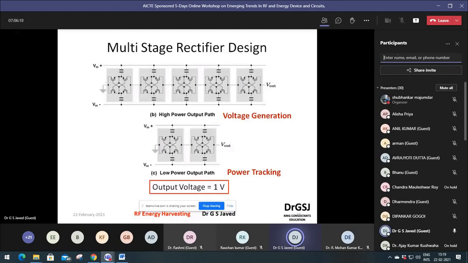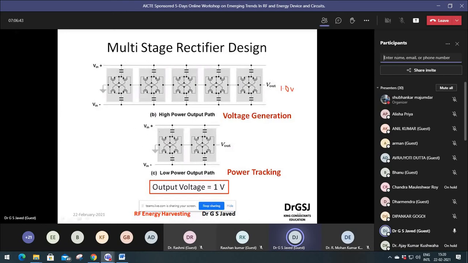We cascade each one of them and ensure that the final output that we reach is about 1 volt. Since the voltages get added up in series, each of these generating about 200 millivolt of output gets added up and allows us to reach almost 1 volt of output voltage.